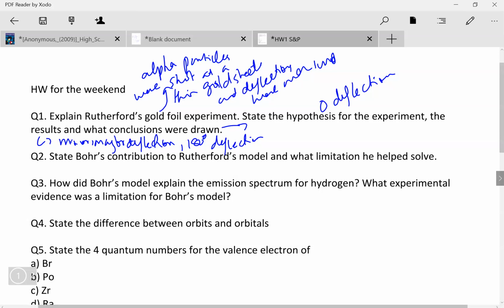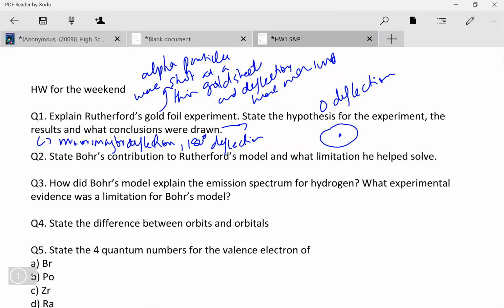It instead gave rise to the hypothesis that the atom was mostly empty space because the alpha particles would pass right through, but there was a highly charged, very dense, positively charged center for the atom called, again, the term nucleus didn't arise until much later, but there was a highly dense, positively charged center to the atom where all the charge was concentrated.